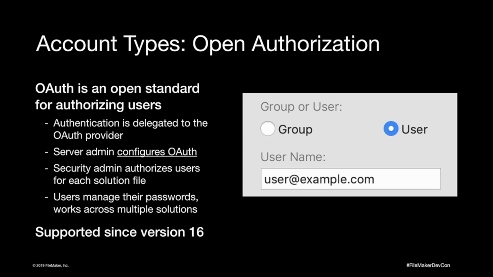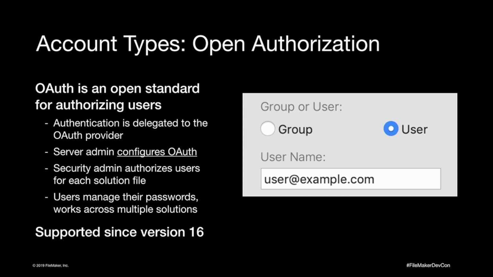So if you've got someone in charge of your server, they'll need to do a little bit of configuration to set up OAuth. But once that happens, then the security admin will authorize users for each solution file. So they're going to give access to whoever they feel needs access. And now we'll talk about who exactly is this security admin a little bit later on.